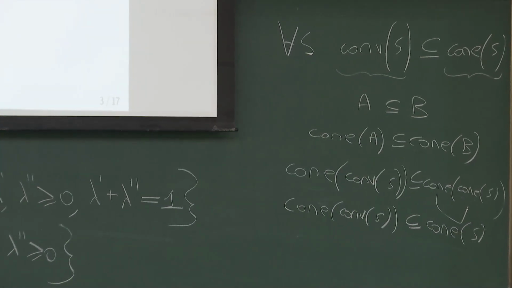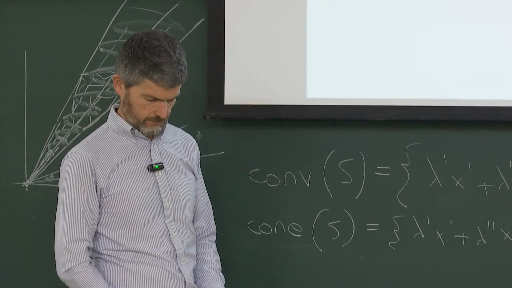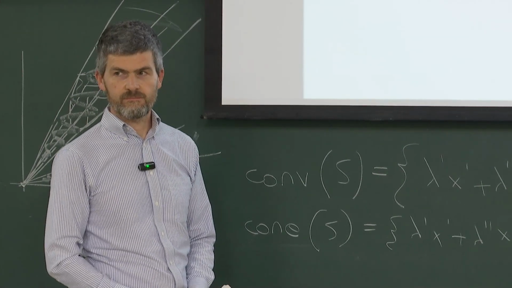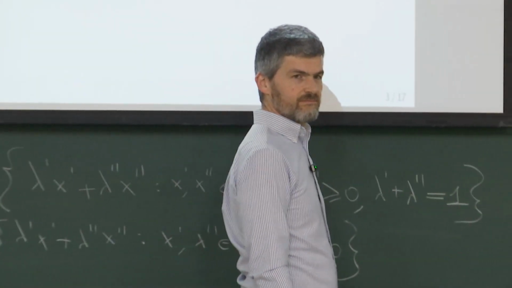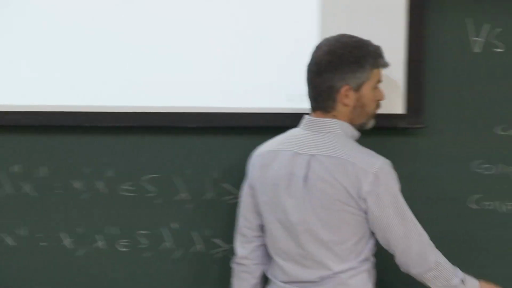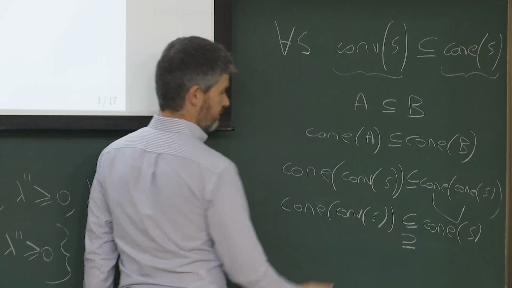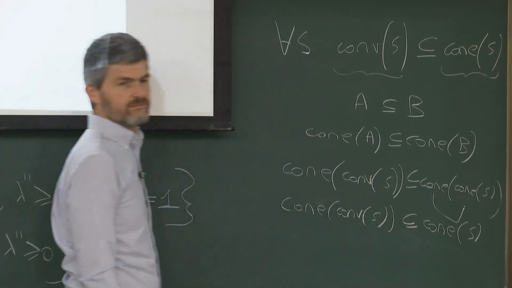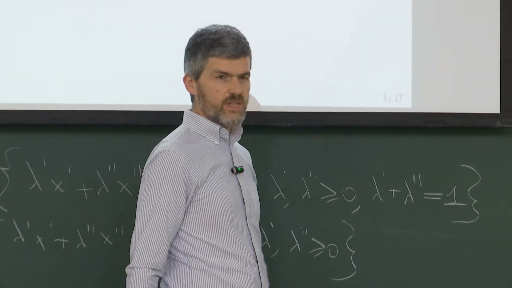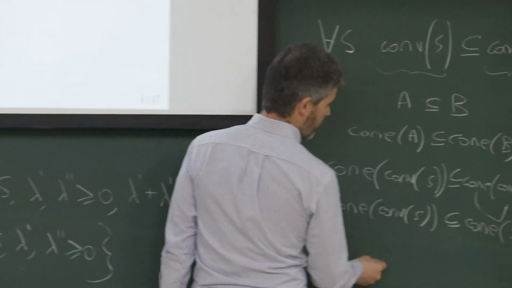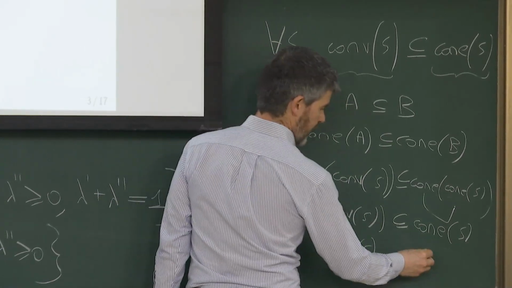Now we have to prove the opposite, right? How do we do this? We only proved this side, we need to prove this side. It should be easy, right? What can we say about the convex hull of S and S itself?